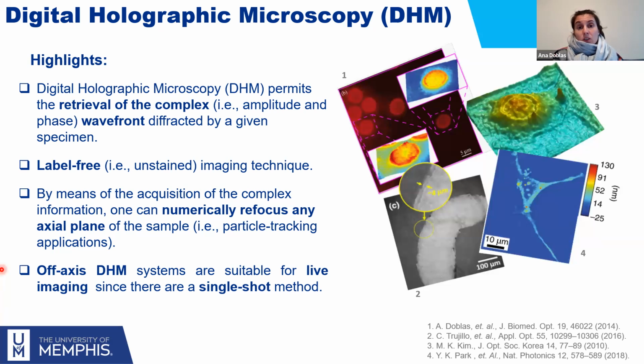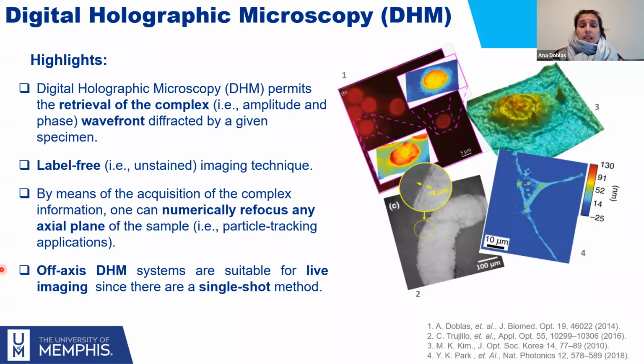Digital holographic microscopes have been used to analyze the motility of sperm samples, because the sperm keep moving within the field of view, but even though they become out of focus, you can numerically focus later.